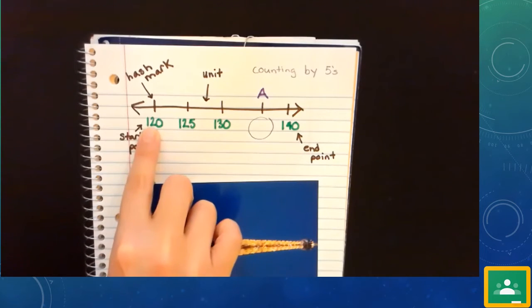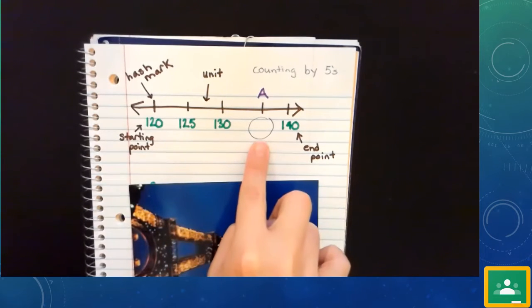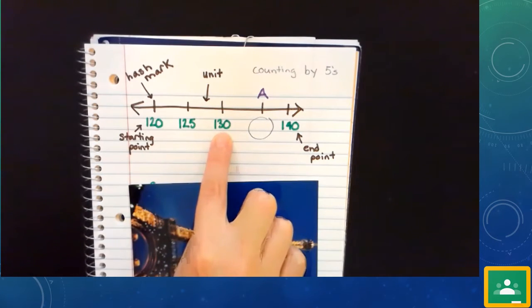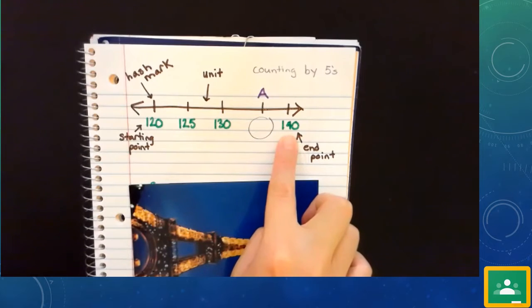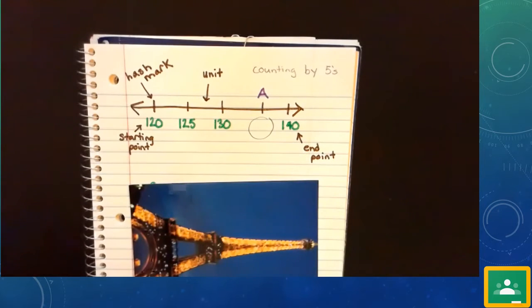I could start at 120 and I can count up by fives to find out this missing information, or I could look at the number 130 and the endpoint 140 and think in my brain, what number comes in between 130 and 140? What number is in the middle of those two numbers on the number line? There's two different ways to solve this.